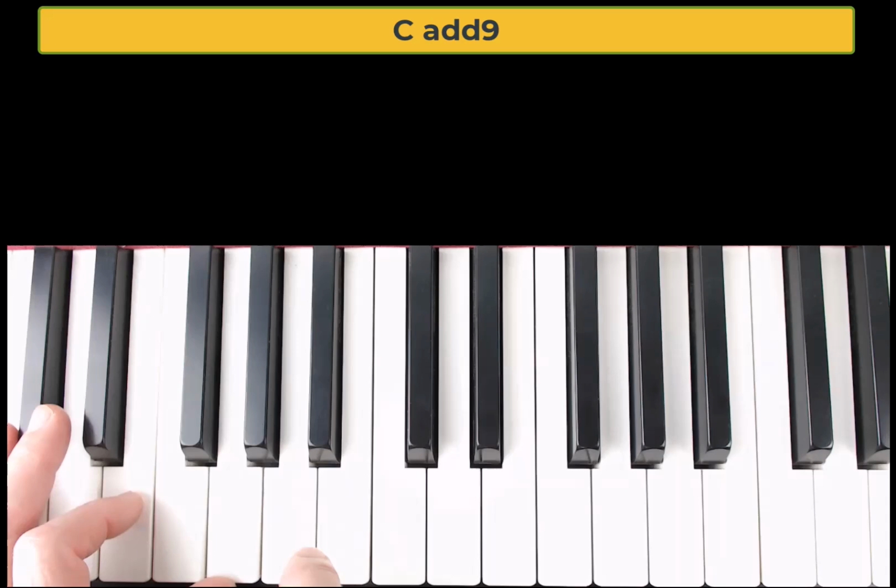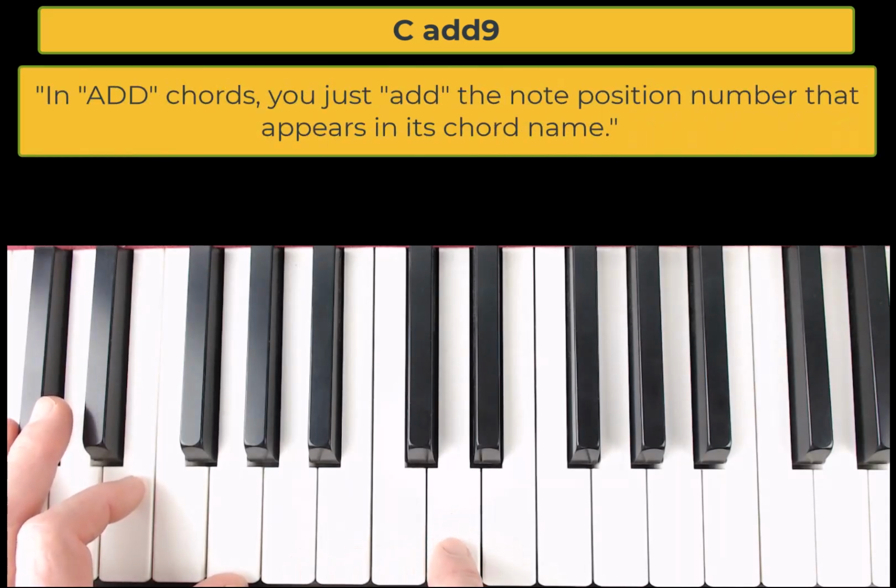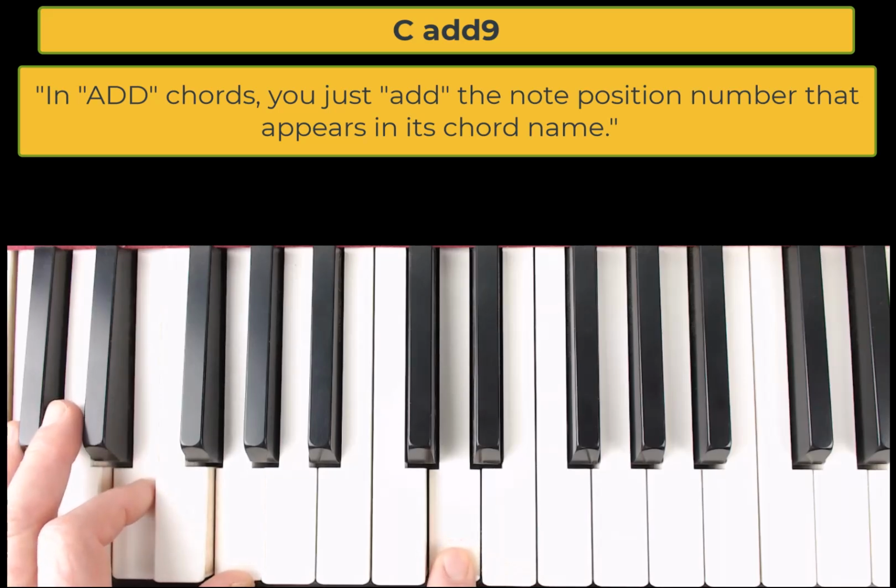So that's the difference. The add chords just put the note position number that appears in the chord name itself. And that would be where we are with add chords.